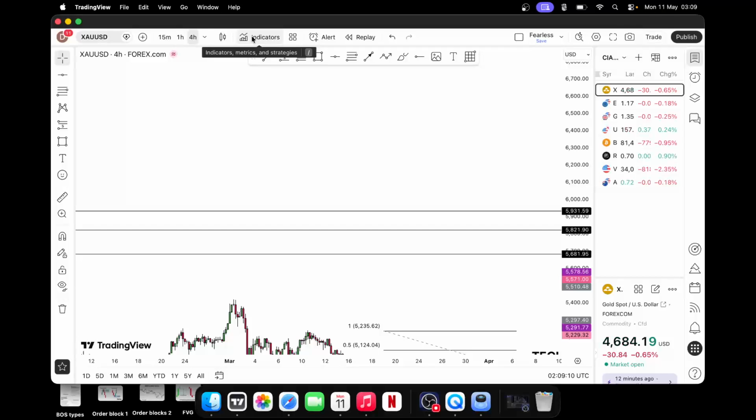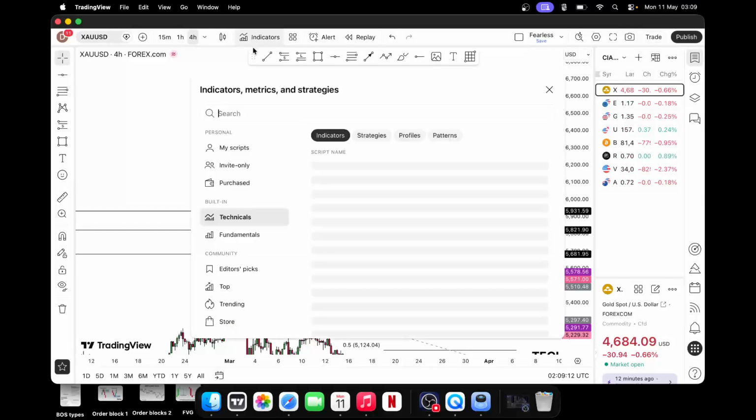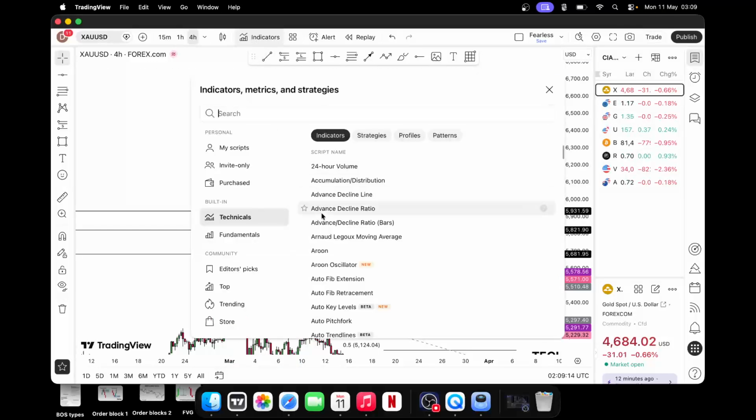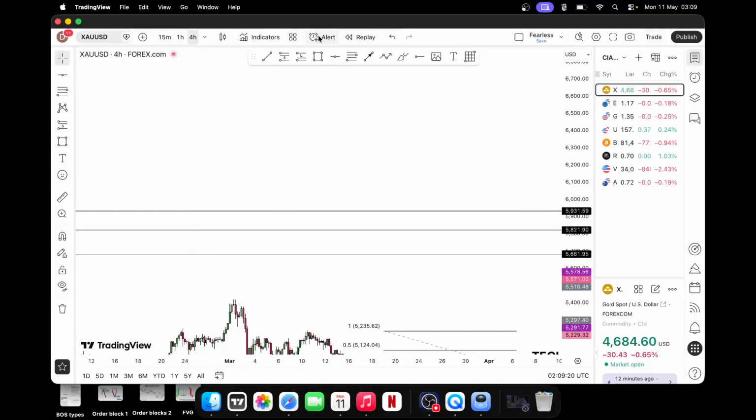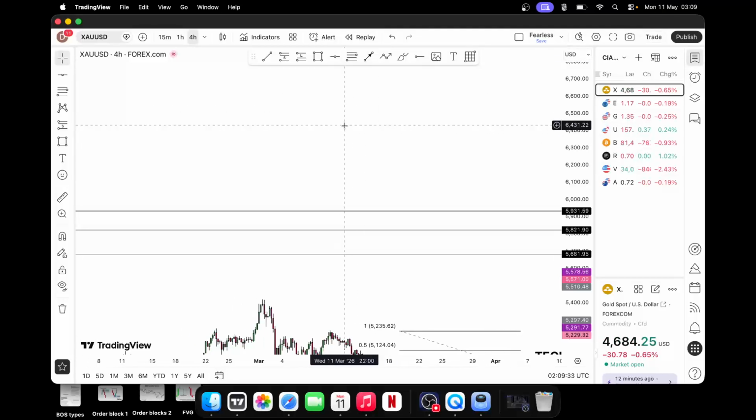So we have indicators. If you are the indicator type of trader, you can pick or search any indicator of your choice here. You understand? If you want to set alert, if you want to replay, I think these two are for premium users, but you don't really need to subscribe for premium, because I myself am not subscribed.